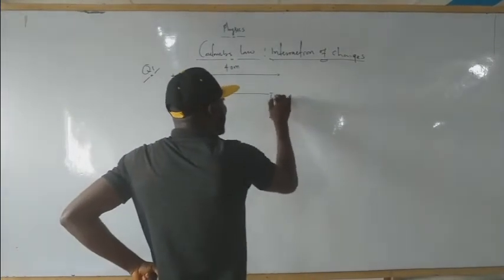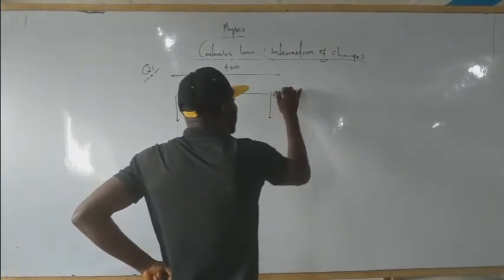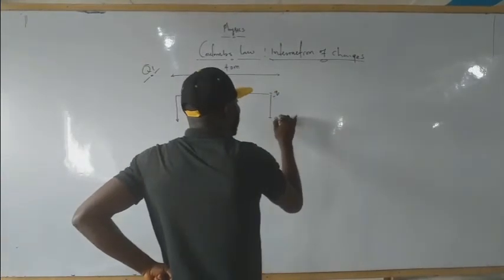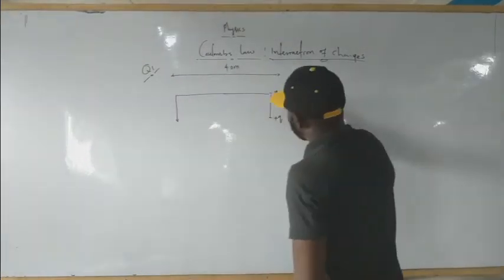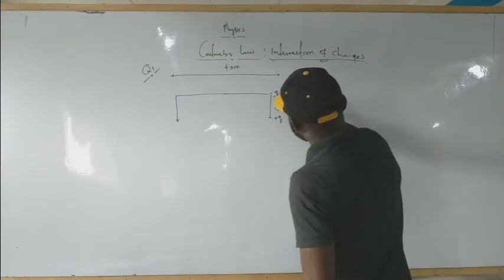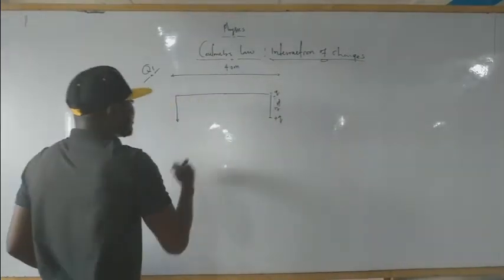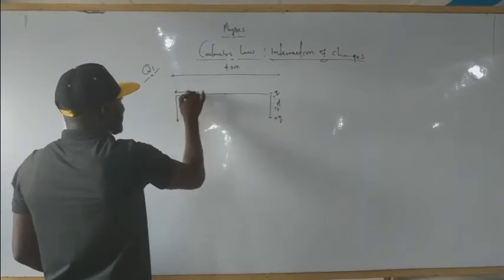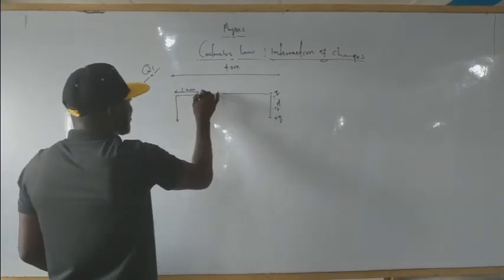This is Q1 plus, minus Q plus Q. So the difference between them, that's the distance, is 2.5 meter. There's a pipe right here, the support. From here to here is 1.0 meter.